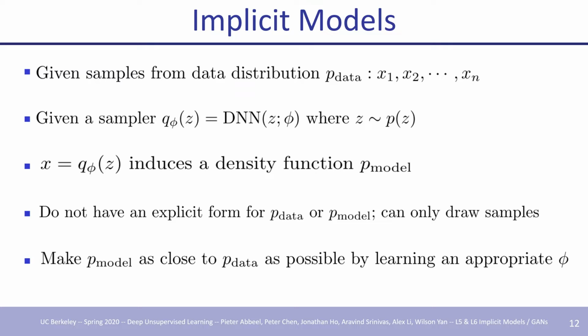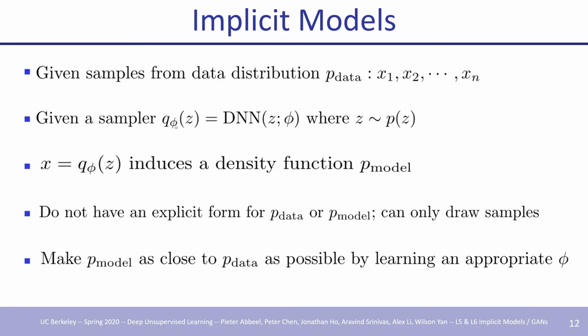So we have a data distribution P data, and this is the notation we'll use for the rest. P data is where the real samples come from, and X is all the real samples.